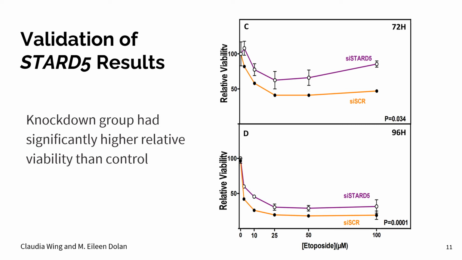So you can see that at both 72 and 96 hours, with increasing concentrations of etoposide, relative viability was significantly lower in our control group with higher STRD5 expression than in our experimental gene knockdown group. So this validates our predictions and the association that we found that demonstrated that as STRD5 expression levels increase, the cellular sensitivity to etoposide would also increase.